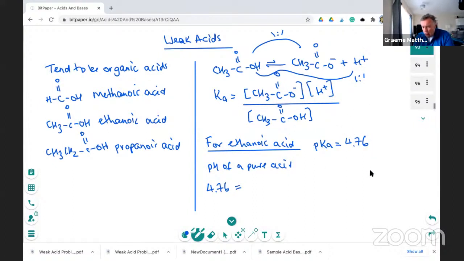So I'm going to say this is equal to this on its own at equilibrium, which is equal to x. So this is where the x squared comes from, over the concentration of this.